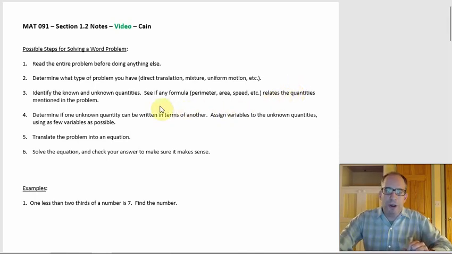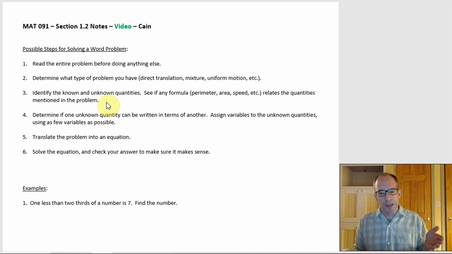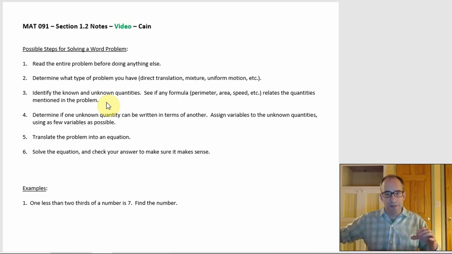Third step, figure out what things you know already and what you don't know that you might be trying to solve for. If it is a uniform motion problem, you might think, okay, it looks like we're trying to solve for the distance, but we know how long this took and how fast the car was going.